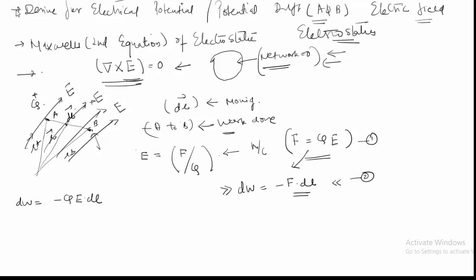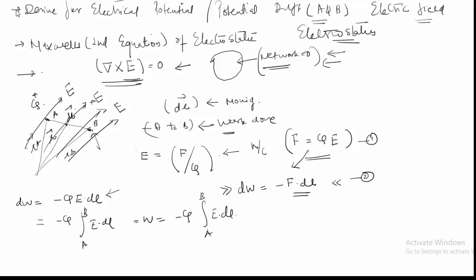The whole idea is that you will have to do an integration, moving from A to B, such that it is E dot dl. So you are doing a line integration to find the total path, and the work can be written as minus Q integral from A to B of E dot dl.